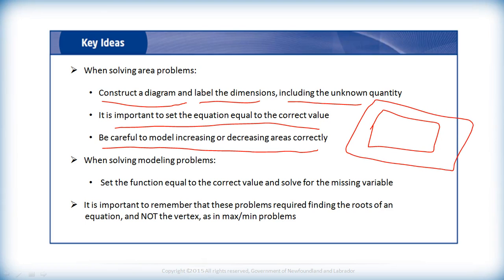Sometimes you get decreasing areas. When solving modeling problems, the real key is just to set the function equal to the correct value and solve away. Now, be careful not to confuse the word problems that we do here with the ones we did from the last unit. In this case, we're not looking for the vertex. We're looking for the roots of an equation, so not the vertex. Be very careful. These aren't max-min problems. They're just quadratic equations.